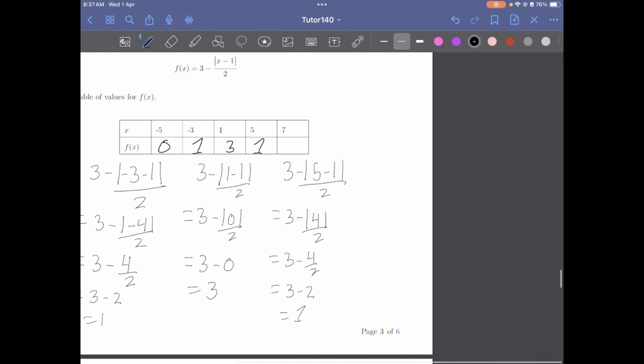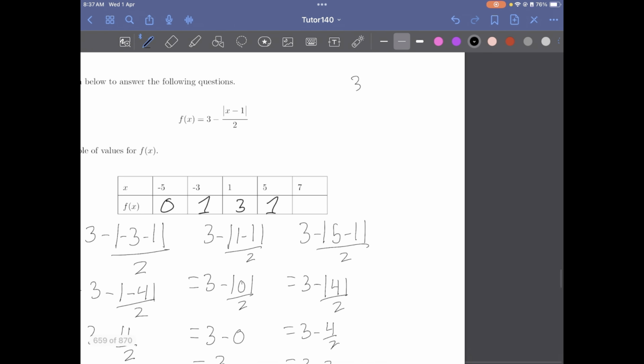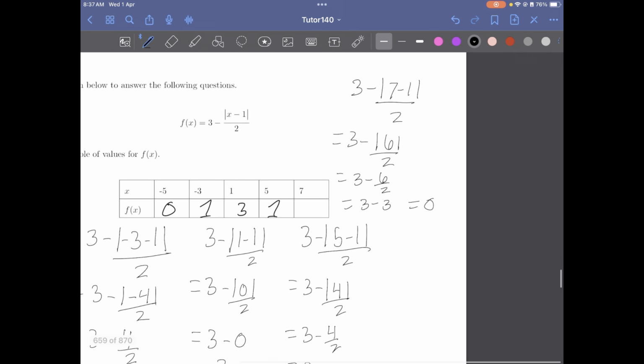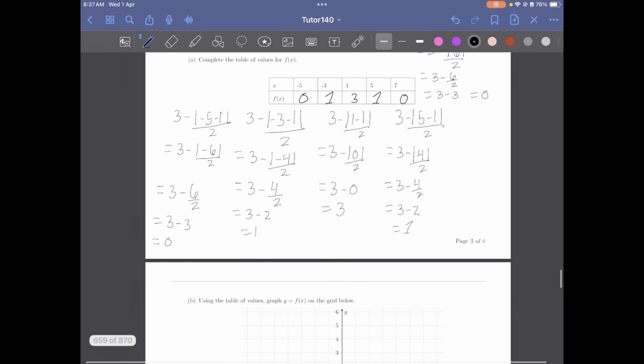Okay, last one. Let's do this up here. 3 minus the absolute value of 7 minus 1, divided by 2. 3 minus the absolute value of 6 divided by 2. 3 minus 6 divided by 2. 3 minus 3, 0. Okay. Now we're going to plot these points.